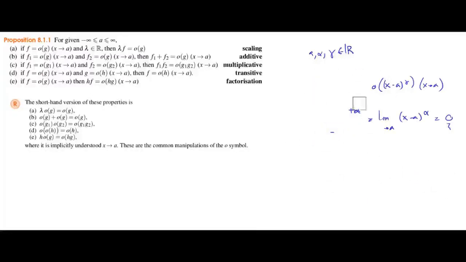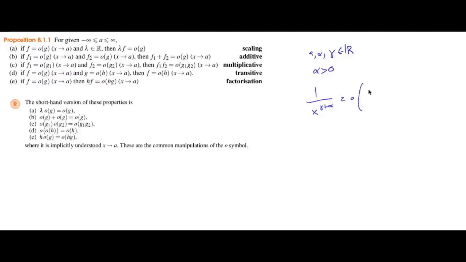So we have a, alpha, and gamma real numbers, and alpha greater than 0, so we have 1 over x to the gamma plus alpha is small o of 1 over x to the gamma when x goes to infinity, right? Why?